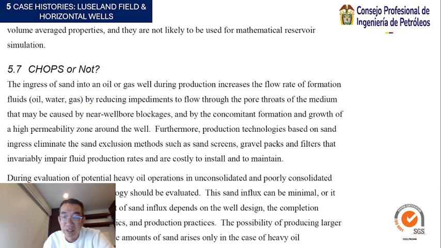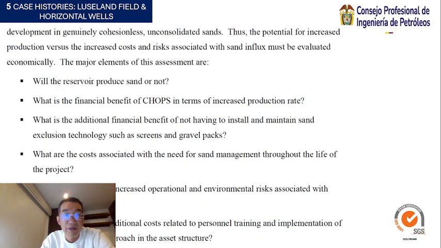The possibility of producing larger quantities of oil along with large amounts of sand arises only in the case of heavy oil development.